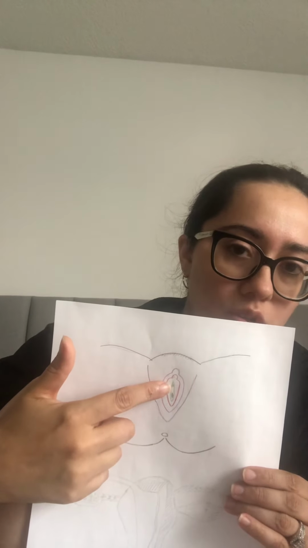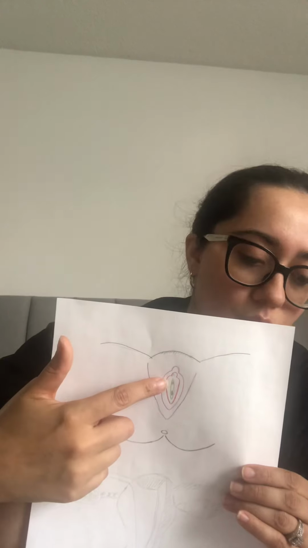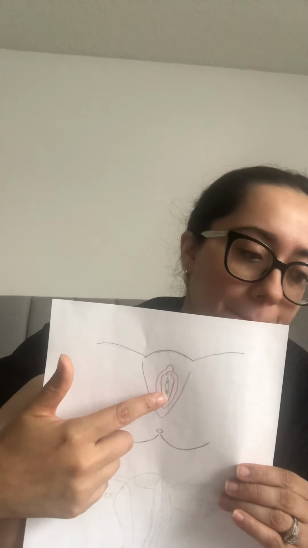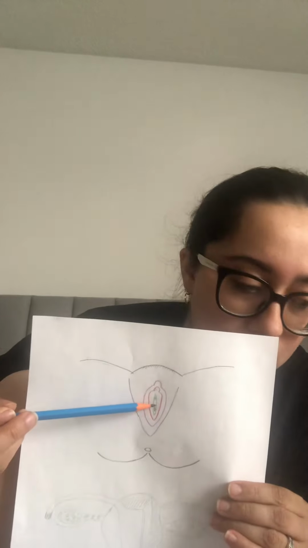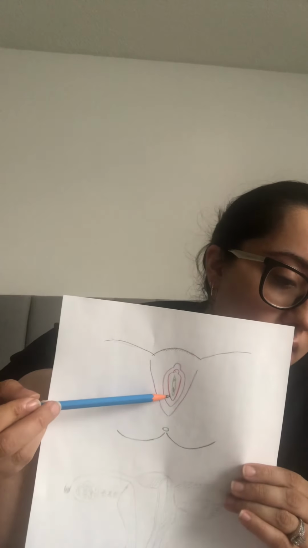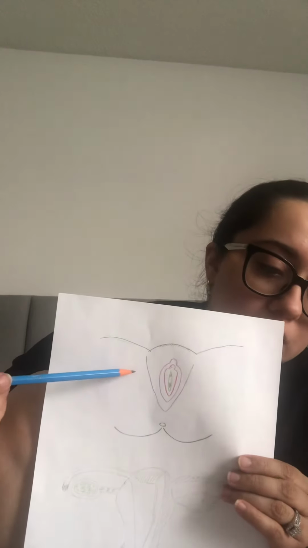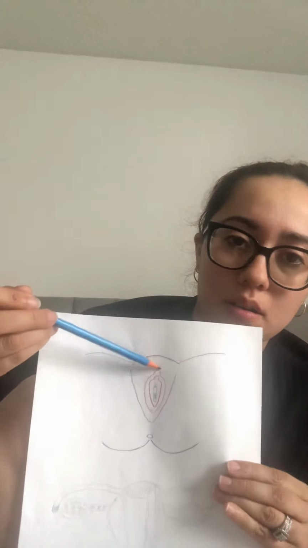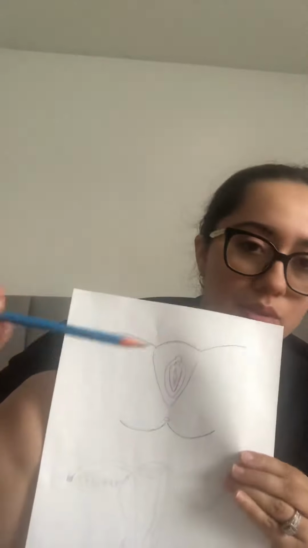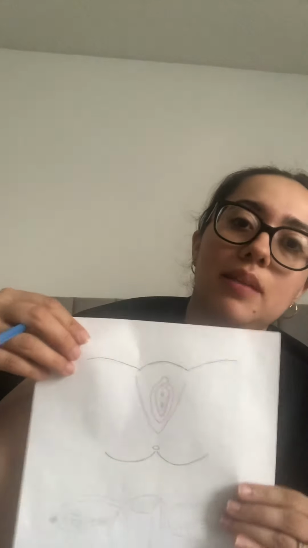Then we have the clitoris, and then the first opening here is the urethral opening, and then we have the vaginal opening, and then in between the two openings here is the hymen, and then all this here is the vulva. Now at the top here is the prepuce, which is similar to the male reproductive system.